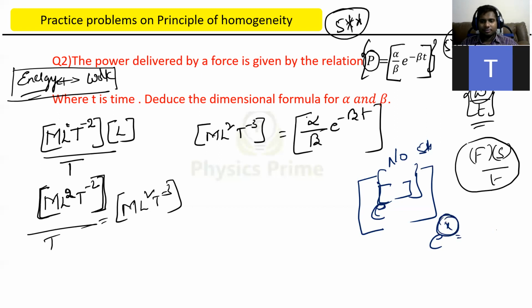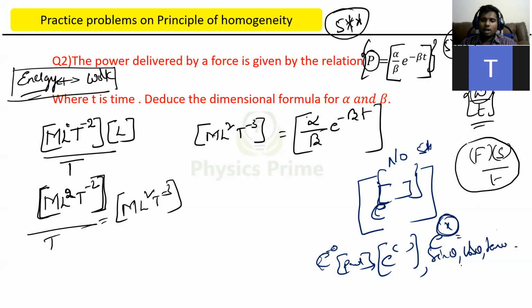Got it? So the e power, whatever term is in the power, and sine theta, cos theta, tan theta, logarithm of x, so all these functions will not have any dimensions. Make a note of it.